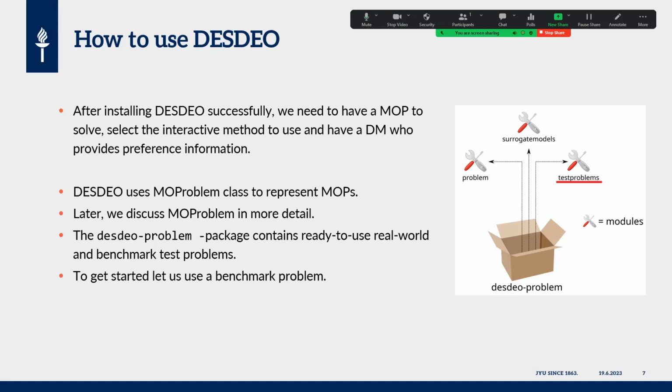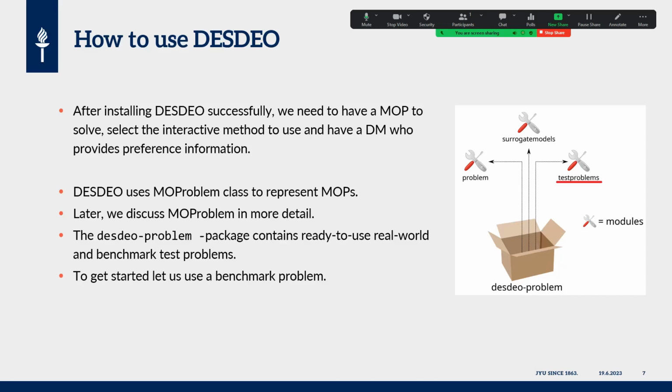DESDEO uses this Problem Python class to represent multi-objective optimization problems. In the test problems, we have multiple real-world inspired multi-objective optimization problems and some benchmark problems. But the main point is that they are represented by this Problem class.